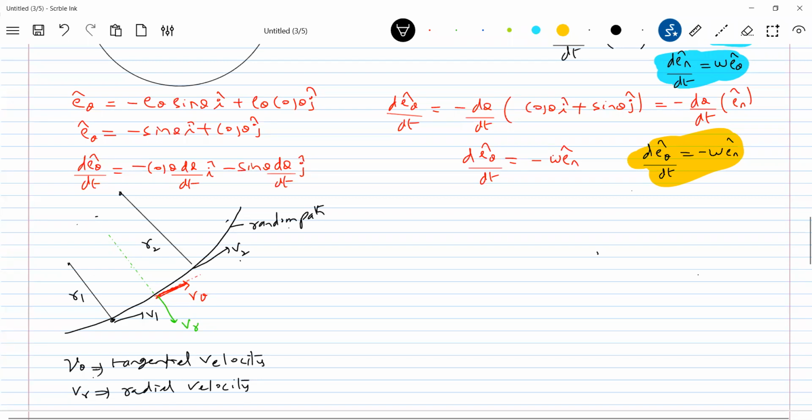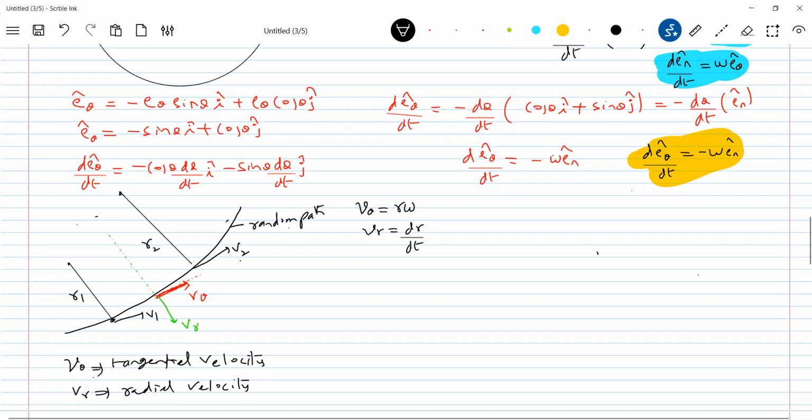So there, this is going to help us a lot. So how do you define v theta? V theta is given by r omega. What about VR? VR is given by dr by dt. Radial velocity acts along the radius vector, and tangential velocity is along the tangent to the path.